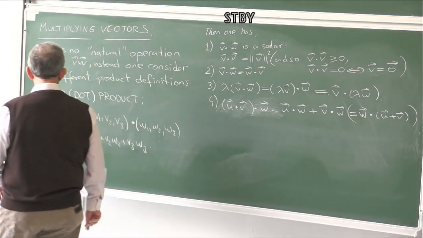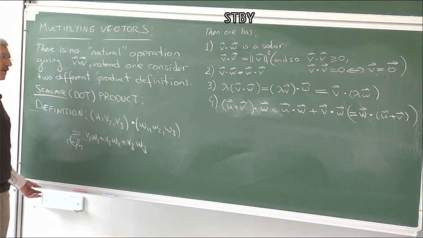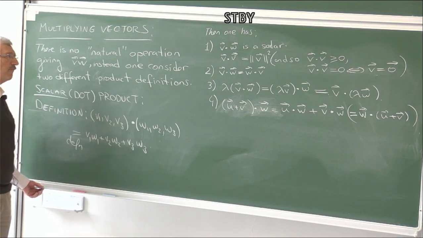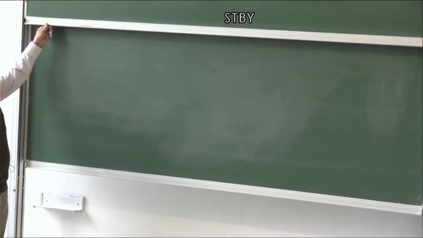Now the scalar product obeys a very nice inequality, which will tell us a few more things about the norms of vectors. Namely, we have the following theorem.